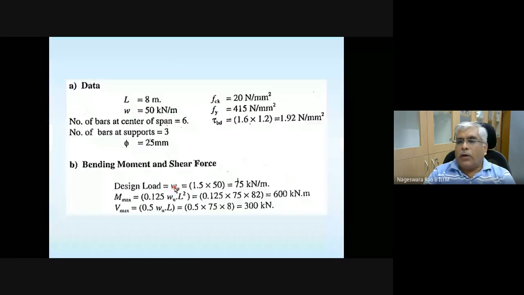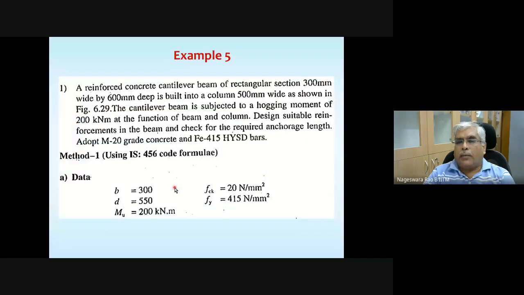So now let's go to the design problem. Let's go through this problem statement. A reinforced concrete cantilever beam, rectangular cross section, 300 mm by 600 mm, is built into a column of 500 mm width. You need to take note of it.